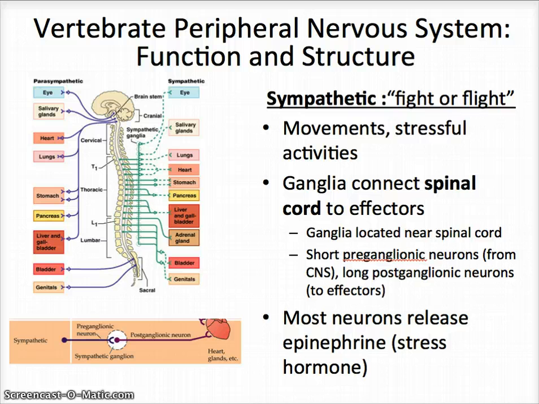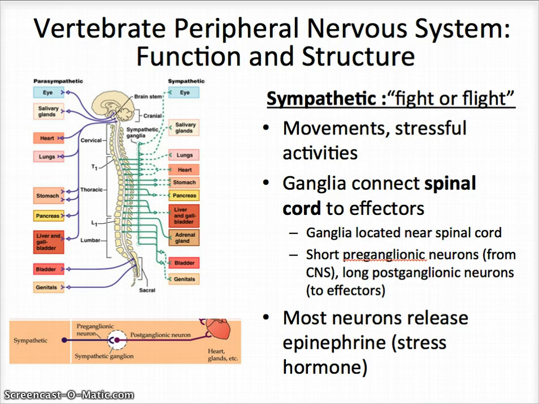In this case, the ganglia are located close to the spinal cord, which means that those preganglionic neurons, the neurons that connect the spinal cord to the ganglia, are going to be the shorter ones. And you can see that in the picture here. So the sympathetic nervous system has this short preganglionic neuron, which synapses at the peripheral ganglia with a longer postganglionic neuron, which then innervates the organ or the effector muscles.